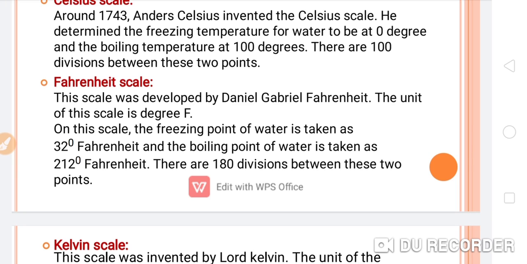There are 180 divisions between these two points. So this was the Fahrenheit scale.